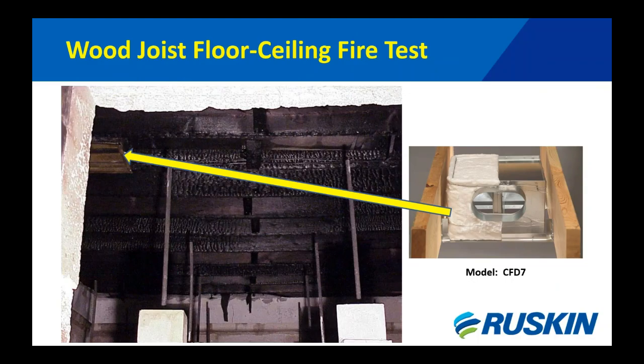Wood construction is typically limited to a 1-hour rating. So this CFD7 model is limited to the same 1-hour rating that the assembly was tested and qualified for. If you're looking at the product data submittal sheet or the installation instruction sheet, you're going to see the reference to the 1-hour rating.